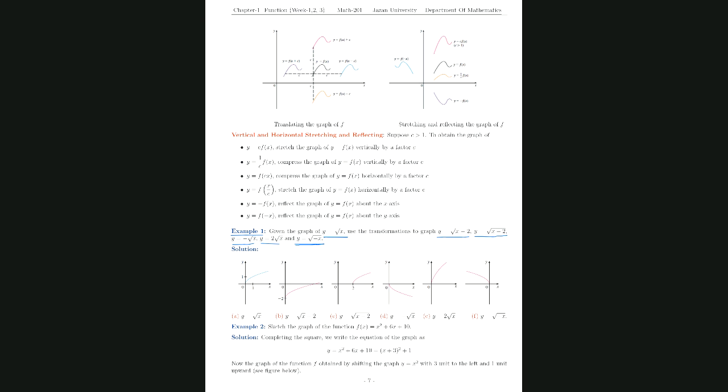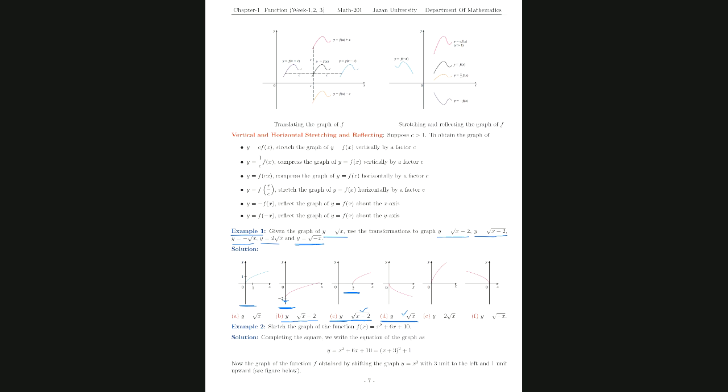Start from y equals sqrt x. Then with the minus 2 outside, the graph moves 2 points. Here y equals sqrt x minus 2, the minus 2 is inside, so it moves 2 points to the right. And here y equals negative sqrt x means reflection downwards, the same graph but downside.